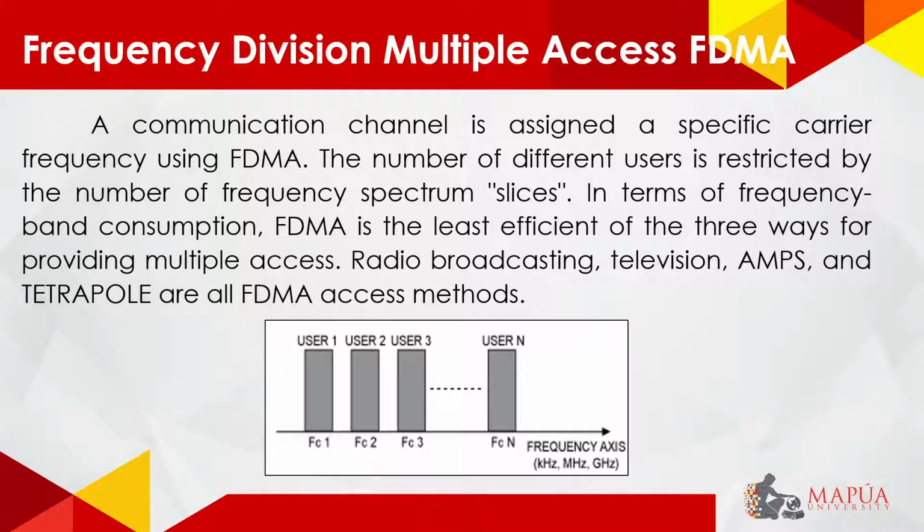The number of different users is restricted by the number of frequency spectrum slices. In terms of frequency band consumption, FDMA is the least efficient of the three ways for providing multiple access. Radio broadcasting, television, AMPS, and TETRAPOL are all FDMA access methods.